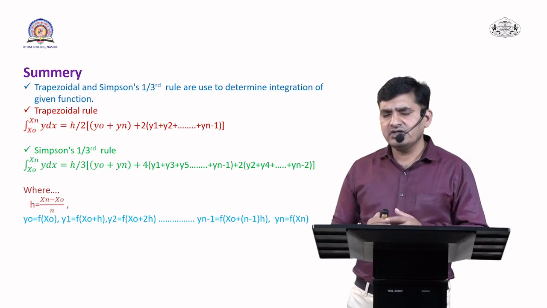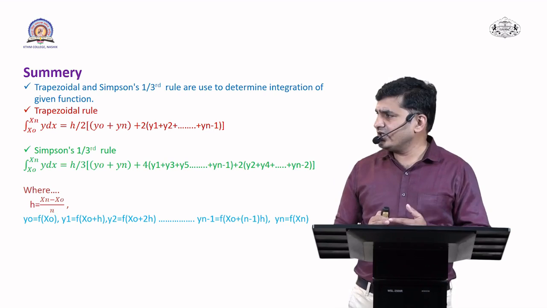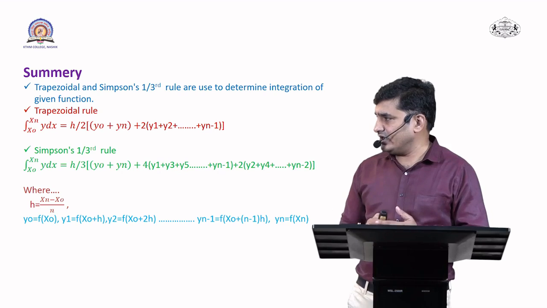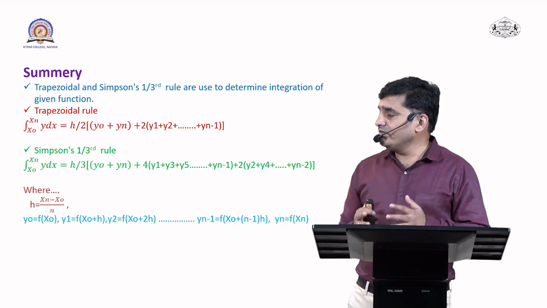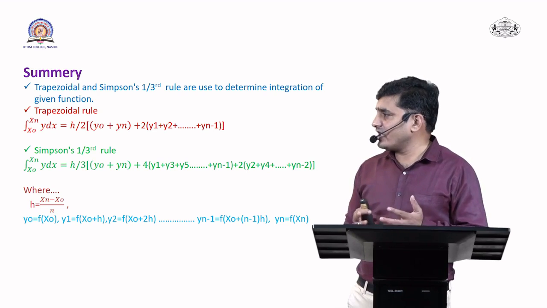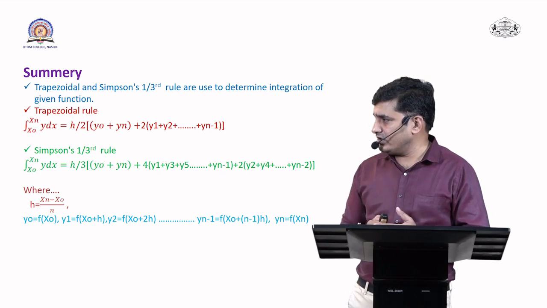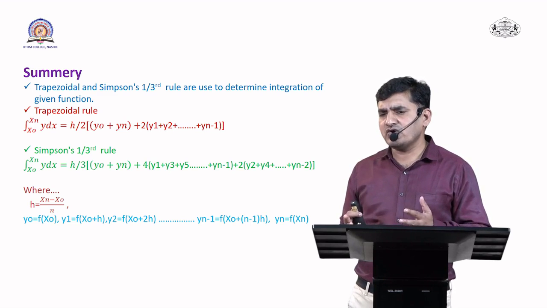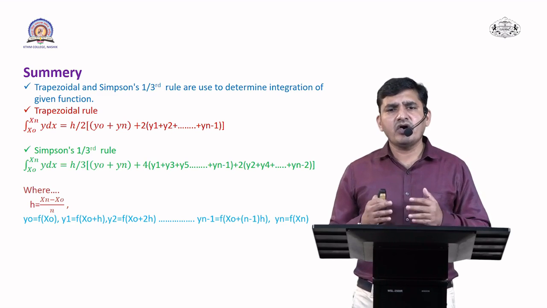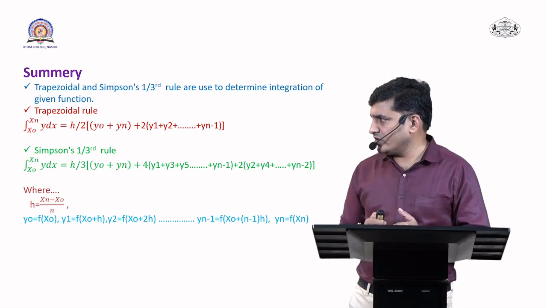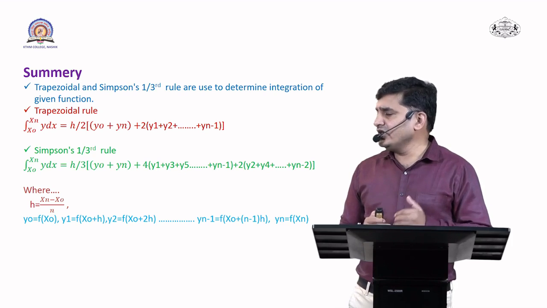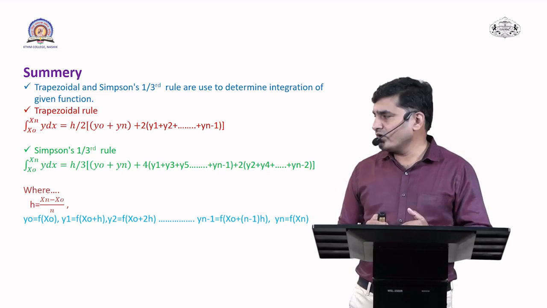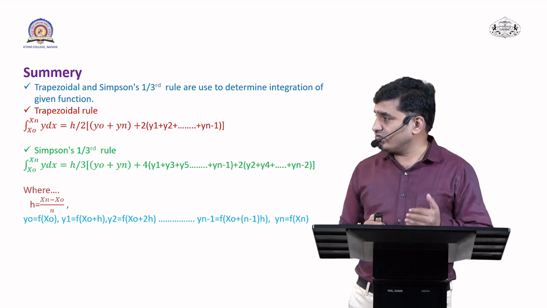Simpson one-third rule is the integration of x0 to xn of y dx is equal to h by 3 in brackets y0 plus yn plus 4 in brackets y1 plus y3 plus y5 and so on up to yn minus 1. So this y1 plus y3 plus y5 and so on up to yn minus 1 gives all the odd terms. Plus 2 in brackets all even terms, that is, y2 plus y4 and so on up to yn minus 2.